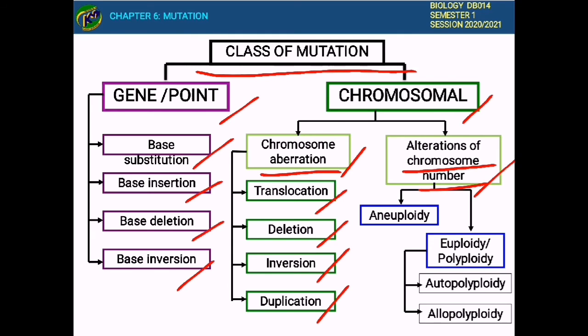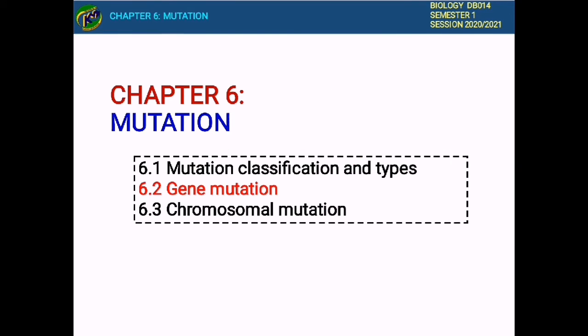Alteration of chromosome number means that the chromosome numbers will be altered because of aneuploidy and also euploidy, or called polyploidy. So polyploidy is divided into autopolyploidy and also allopolyploidy. Now we are going to move on to 6.2, which is gene mutation.